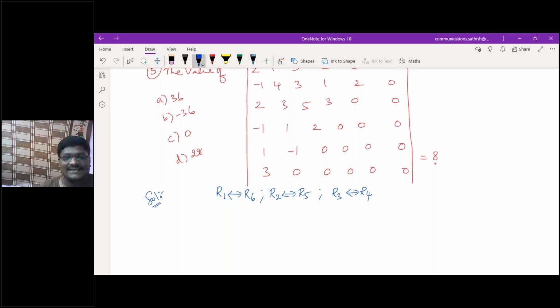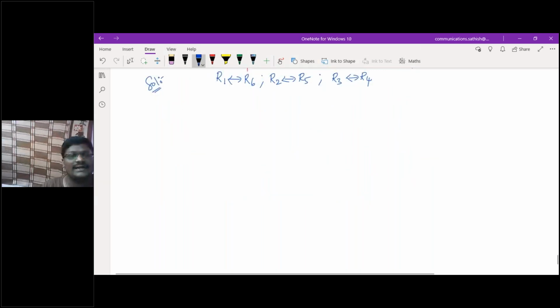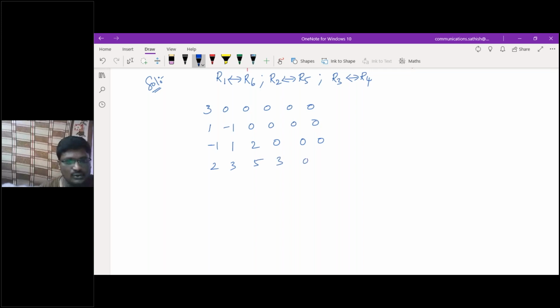If I interchange that, what will I get as the matrix? 3 0 0 0 0 0. Then 1 minus 1 0 0 0 0. Next minus 1 1 2 0 0 0. Then 2 3 5 3 0 0.